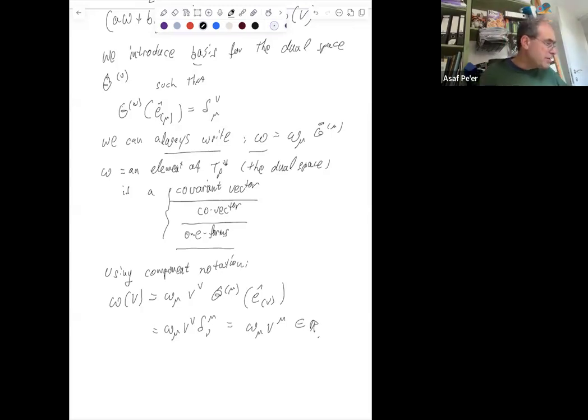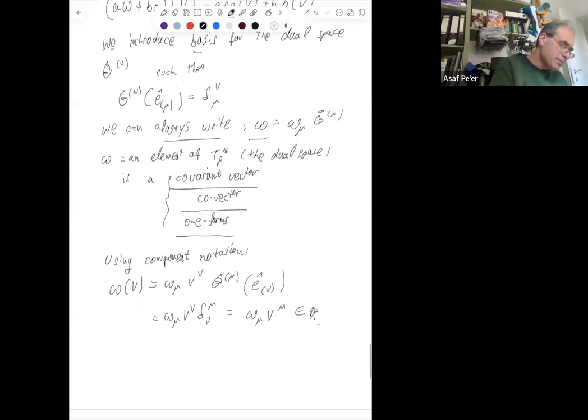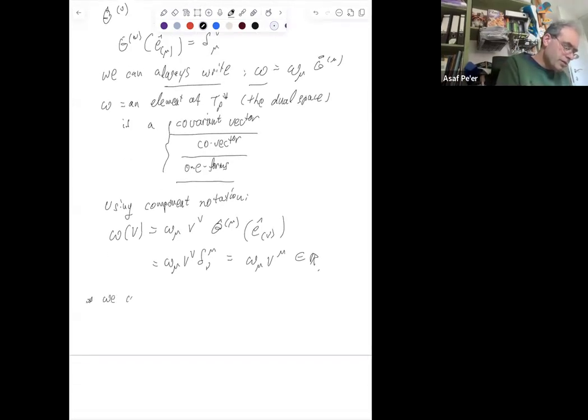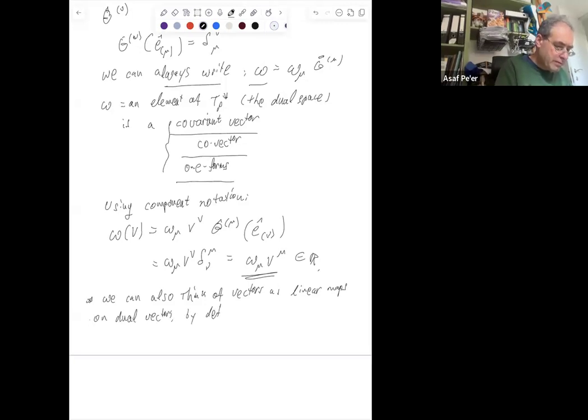Namely, we can think of vectors as linear maps on the dual vectors, by defining V operating on omega as omega operating on V, which is omega_mu V^mu.